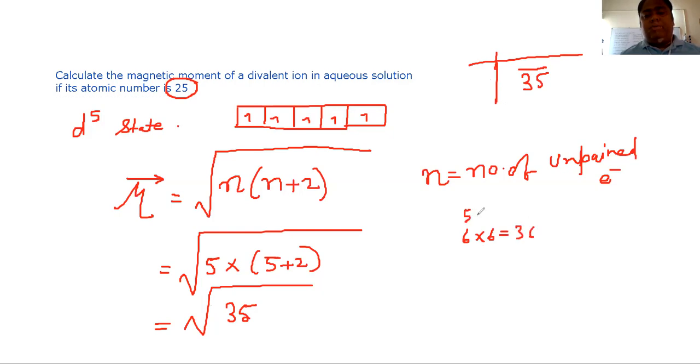If I take 5 into 5, it will be 25. So it has to be somewhere in between 5 and 6. So where will it be? So 5, 5s are 25. This is 0. This is 1. This 5 we will add here.